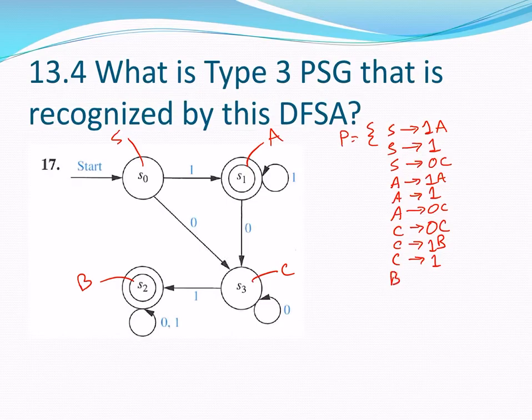We associate that with B. It produces 1B, but it also produces 1 since B is final. And B produces 0B, but it also produces 0 because B is final. And that takes care of all the transitions out of S2 and all the transitions for our finite state machine. And this grammar will produce the language that is recognized by this machine.